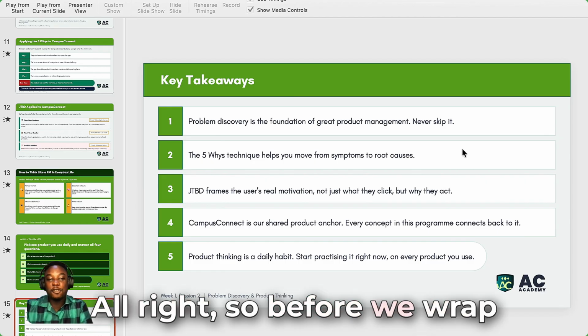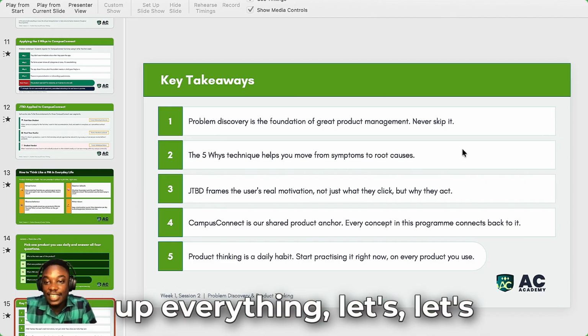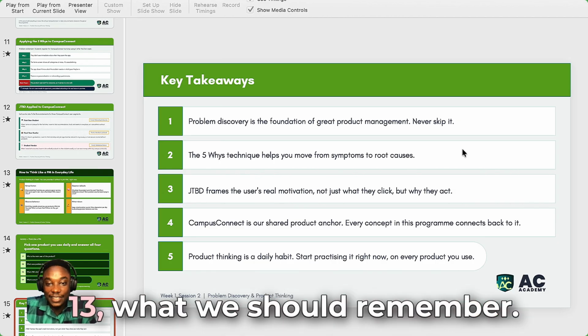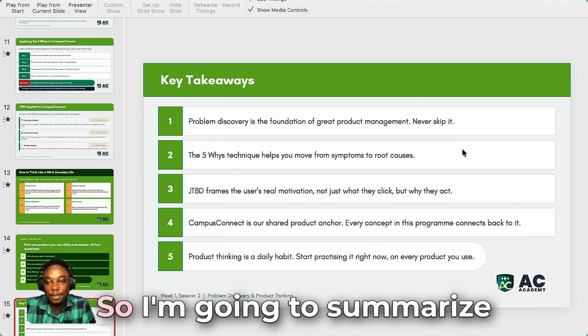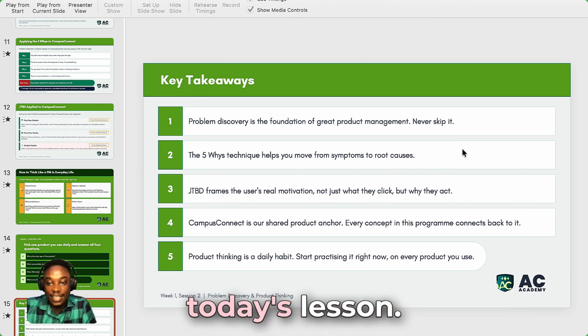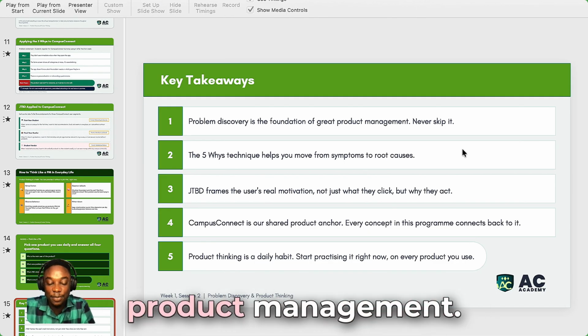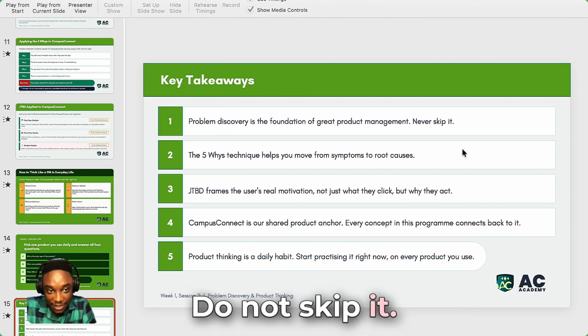All right. So before we wrap up, let's take our key takeaways, what we should remember. I'm going to summarize today's lesson. Problem discovery is the foundation of great product management. Do not skip it.